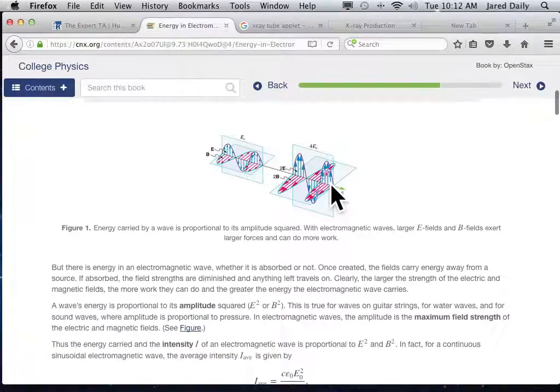So, how do you calculate the energy in electromagnetic waves? In general, the energy in a wave is determined by its amplitude, or the height of the waviness of a wave.